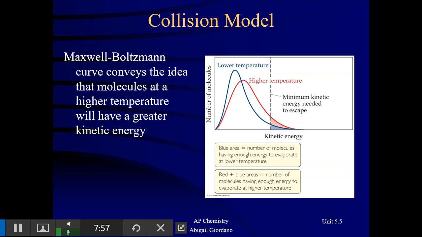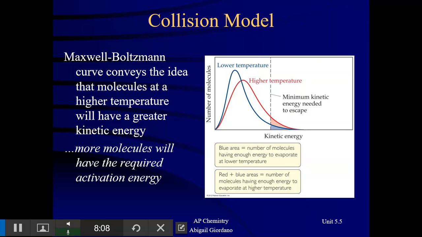That means a greater number of particles at a higher temperature are going to have the amount of energy needed for the reaction to occur. So when you raise the temperature, first of all, you're going to have a greater number of collisions. And number two, you're going to have more collisions with that required activation energy.